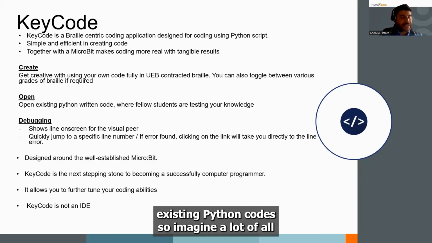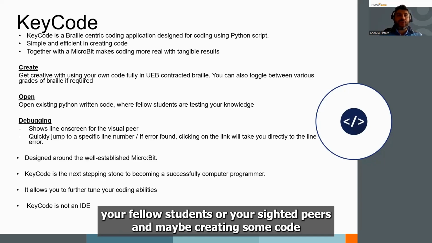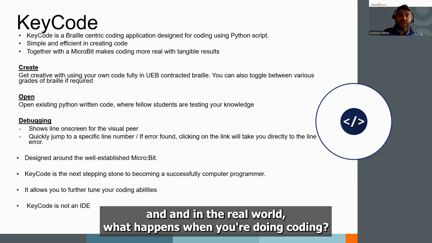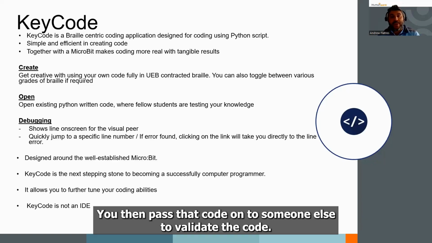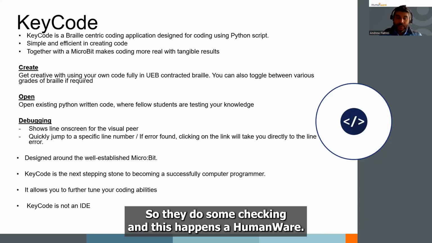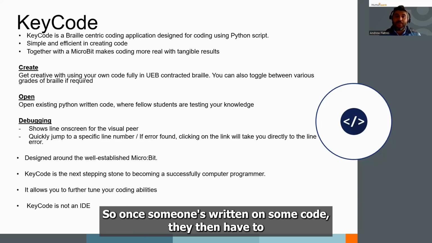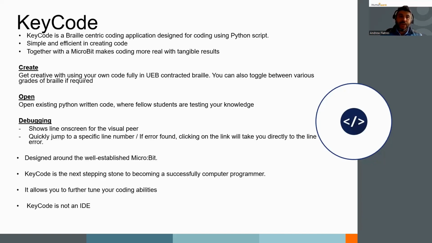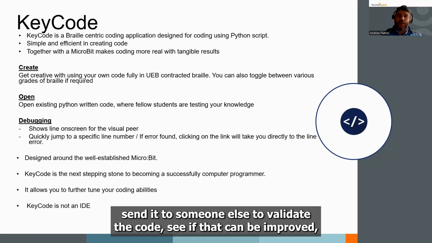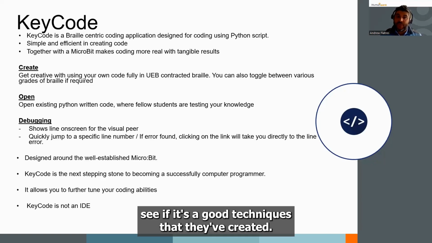You can open existing Python code. So imagine all of your fellow students or study peers are creating some code. In the real world, when you're coding, you then pass that code on to someone else to validate it, so they do some checking. This happens at Humanware too. Once someone has written some code, they send it to someone else to validate it, see if it can be improved, and see if the techniques they've created are good.